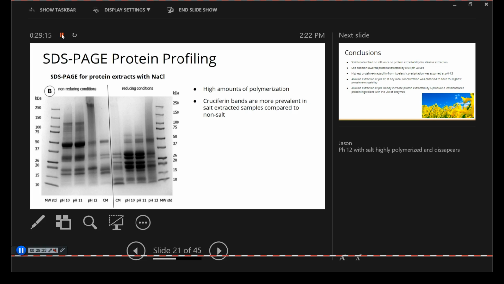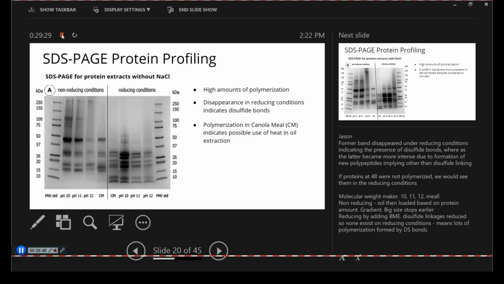Any other question, my friend? Yeah, for this slide, with increasing pH there was more polymerization. But when you go back to the other slide, with increased pH, there's actually a decrease in polymerization. Why is that?